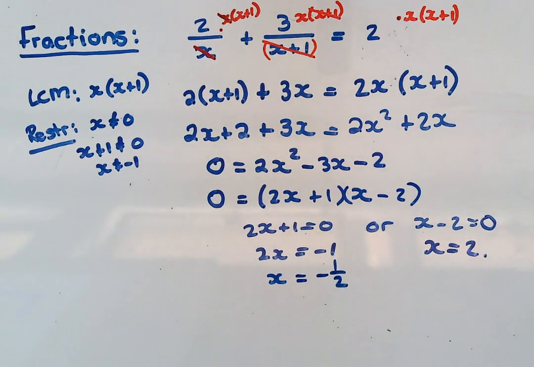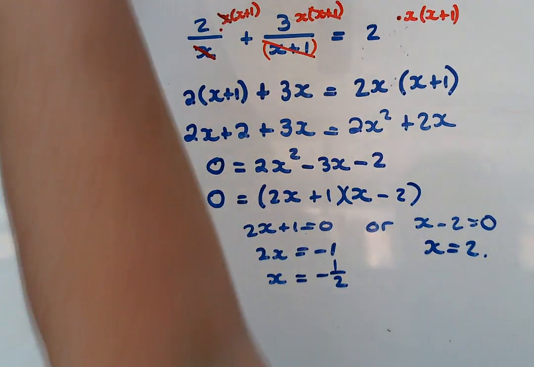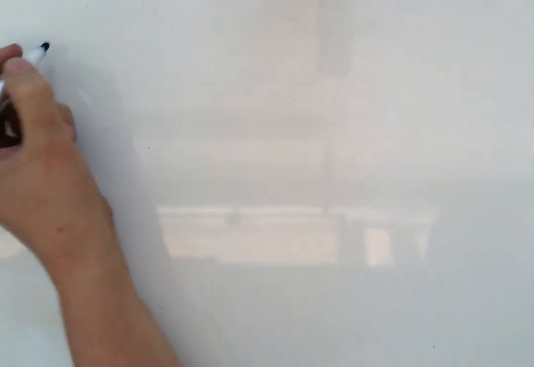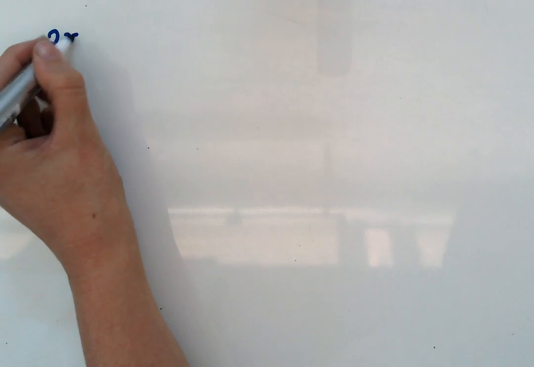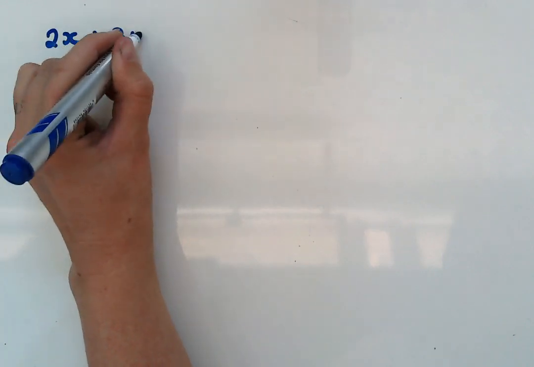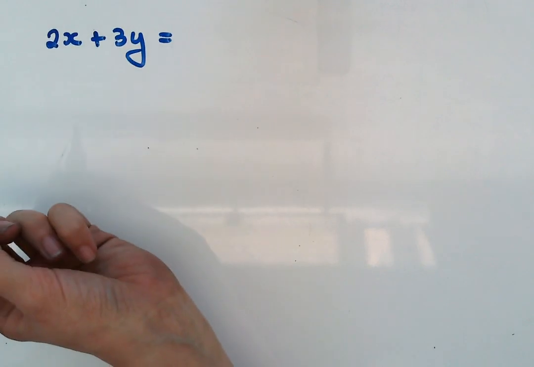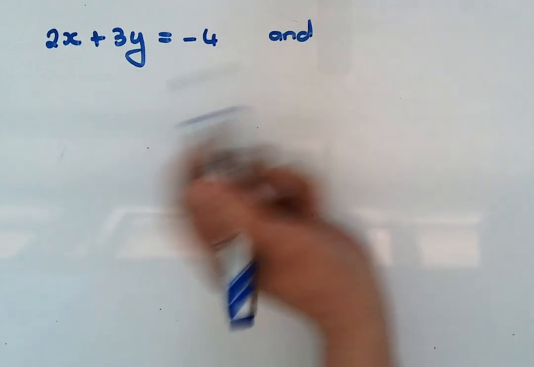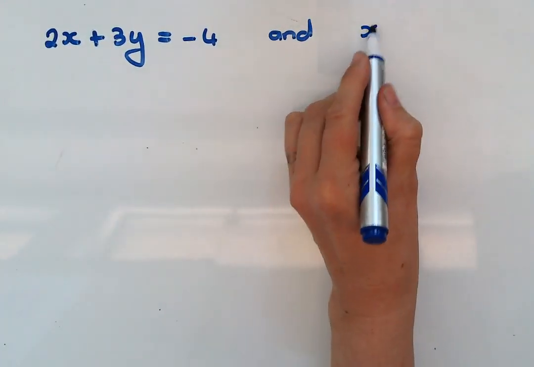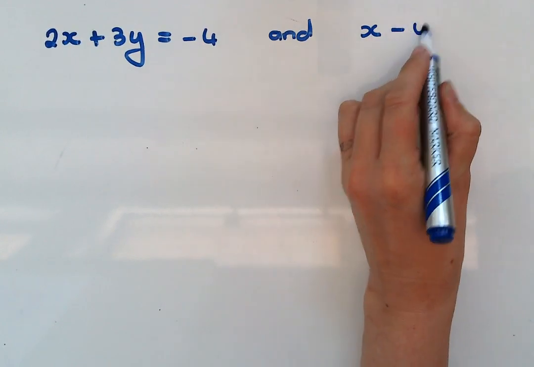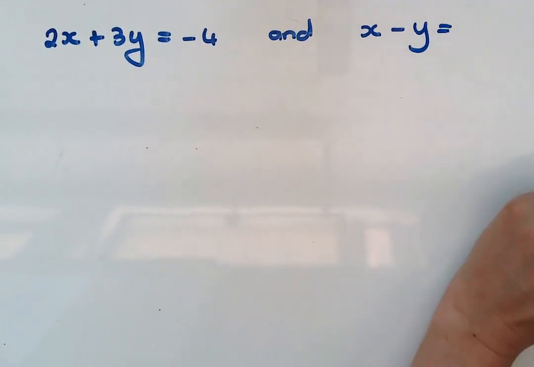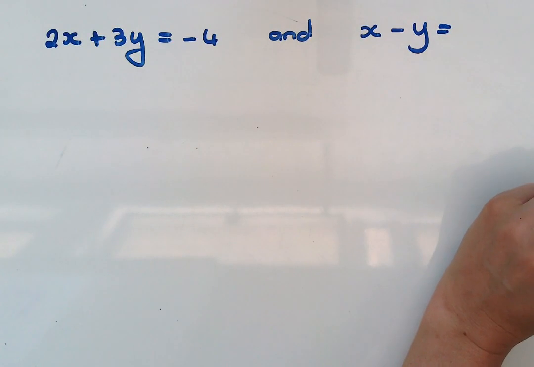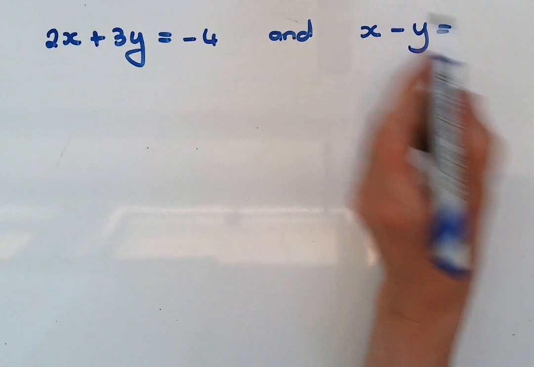Okay, right. And then the last thing is the simultaneous equations that you must be able to do. Simultaneous equations are the types of equations that have two equations, like say for instance 2x plus 3y is equal to minus 4, and then they also give you an equation x minus y is equal to, say for instance, 3.